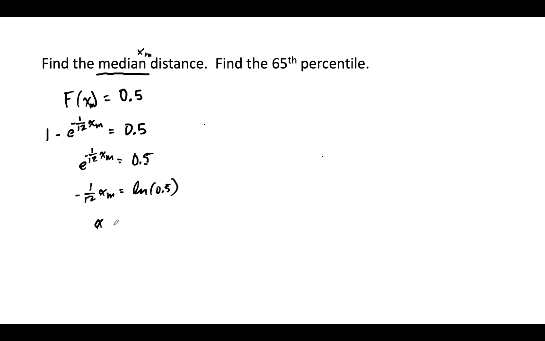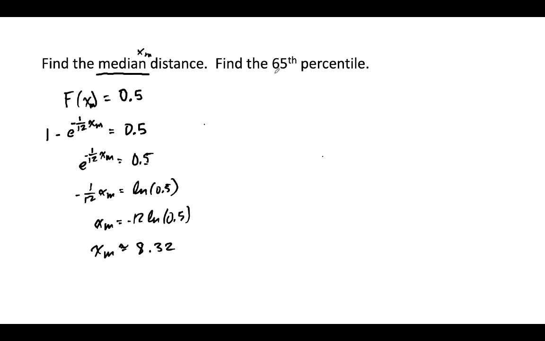Multiply by -12, pop that into a calculator, and I get approximately 8.32. And that's the median. So half of the values that come up, or the probability that something is less than this is 50%, and the probability that it's greater than that is also 50%.